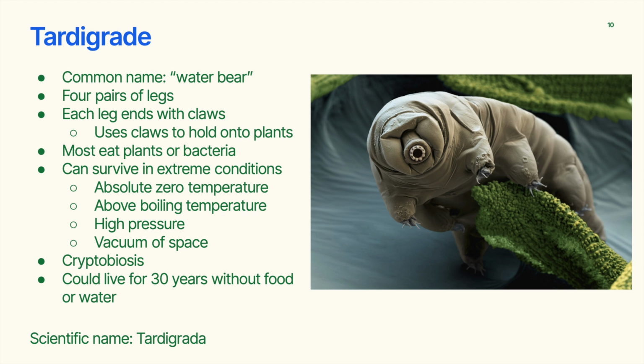The cool thing about them is they can survive in the most extreme conditions. They have this hibernation mode called cryptobiosis, where they press pretty much all of the moisture out of their body.